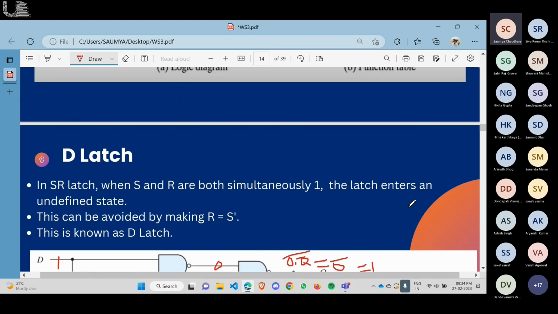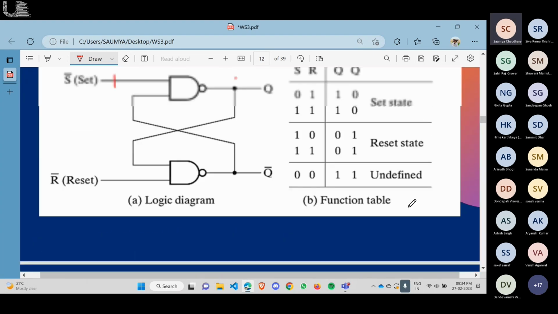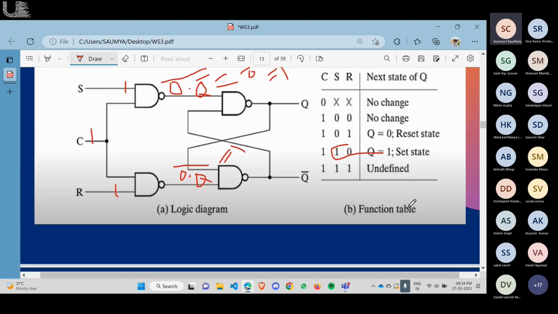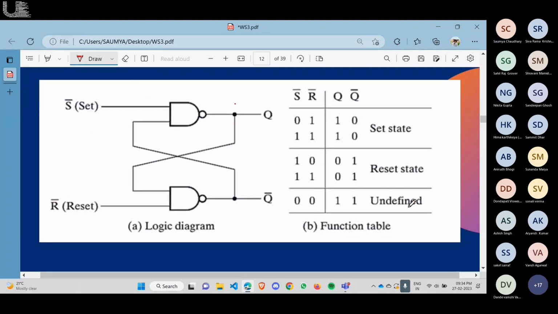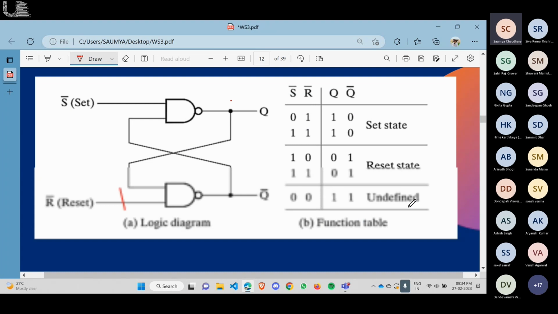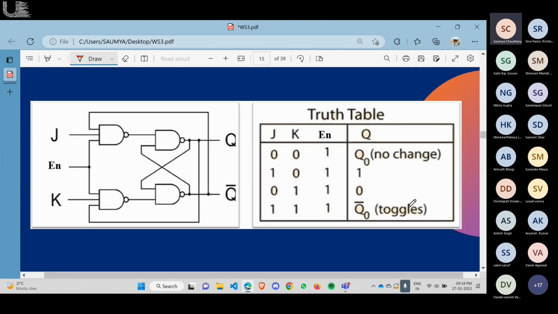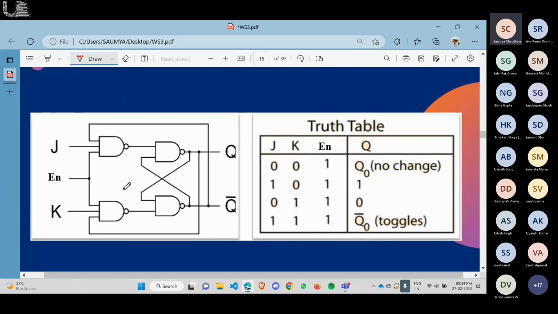So here comes the JK latch. We have done the D latch and the SR latch, and we have done the SR latch with the enable input, using AND gates and NOR gates. In the JK latch, we have an enable and we have J and K, and we bring back the output of this NAND gate to this NAND gate.